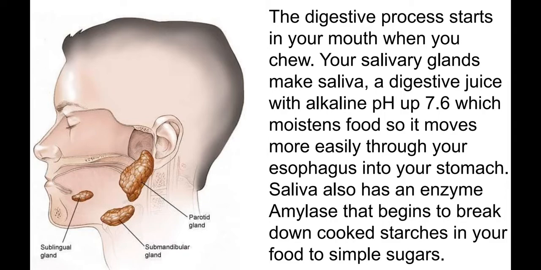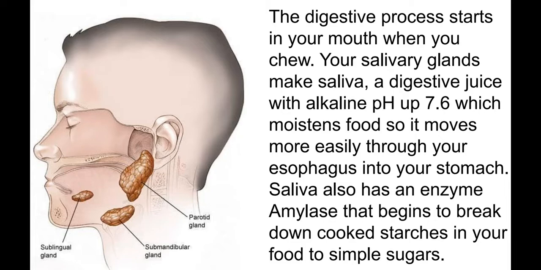The digestive process starts in the mouth when you chew, and your salivary glands make saliva, a digestive juice with alkaline reaction, alkaline pH up to 7.6, which moistens food so that it moves more easily through the esophagus into the stomach.